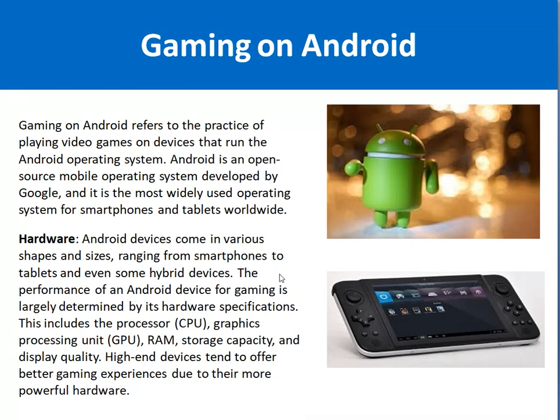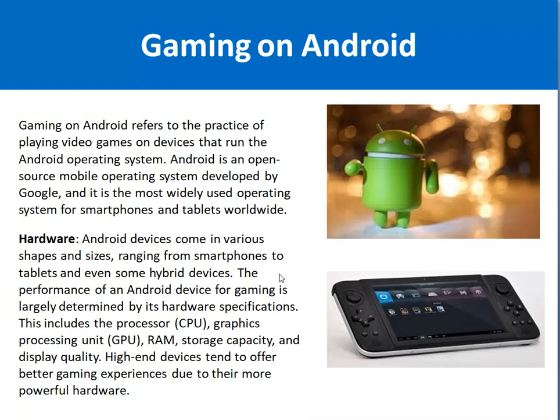Like, first one is the hardware. Friend, Android devices have different shapes, sizes, and range from smartphones and tablets to even some hybrid devices as well. When we talk about hardware, basically we are talking about the processor, CPU, graphic processor units, GPU, RAM, and storage capacity.